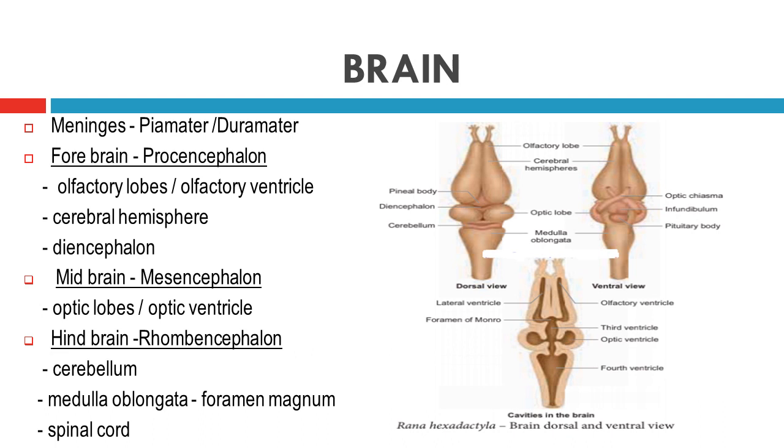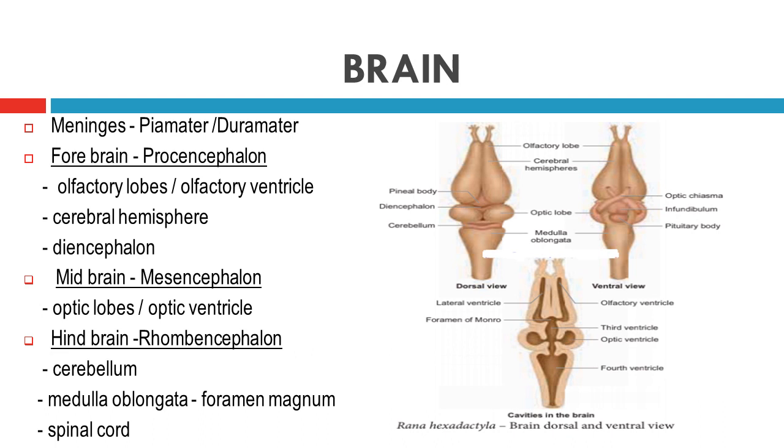This is the largest region and the anteriormost region of the brain, which includes a pair of olfactory lobes. Can you see these lobes? The pair of olfactory lobes is narrow in shape, but it is fused posteriorly.